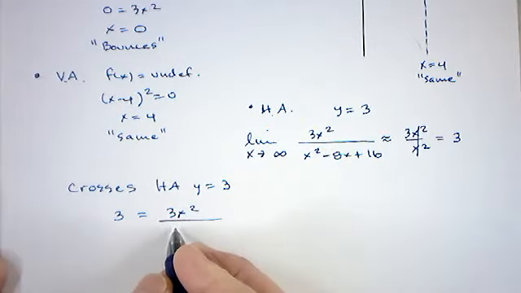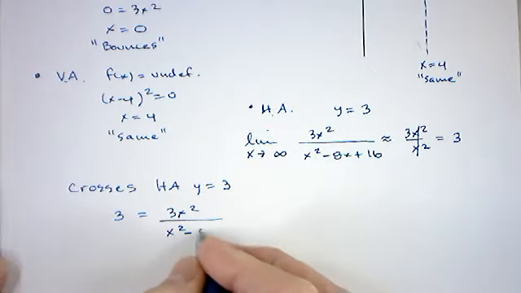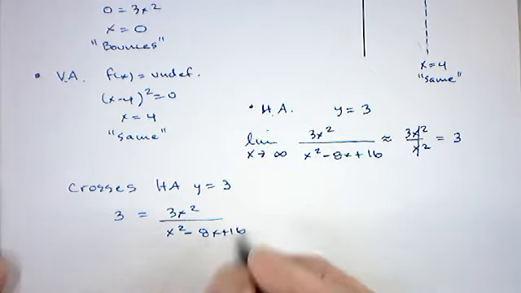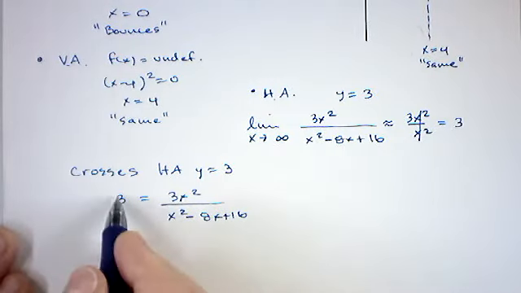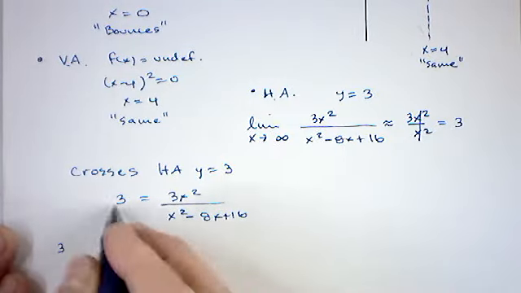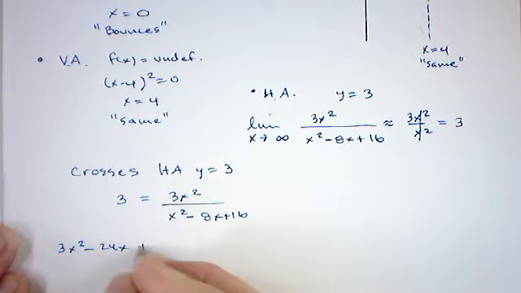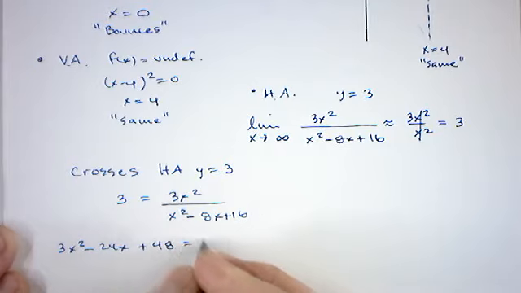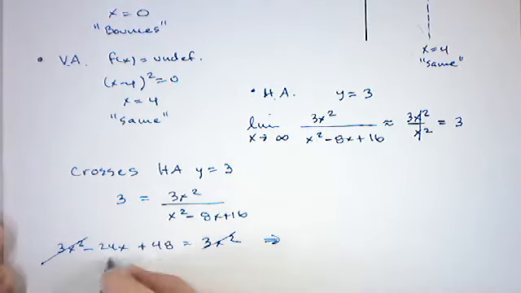Now I had (x minus 4) squared, but I'm going to use the expanded version, x squared minus 8x plus 16. If I cross multiply, multiplying this 3 by everybody, 3x squared minus 24x plus 48 would equal 3x squared. Notice the 3x squareds cancel out, and that leaves me with negative 24x plus 48 equals 0.